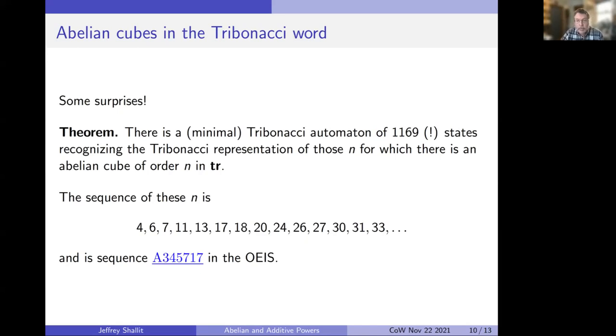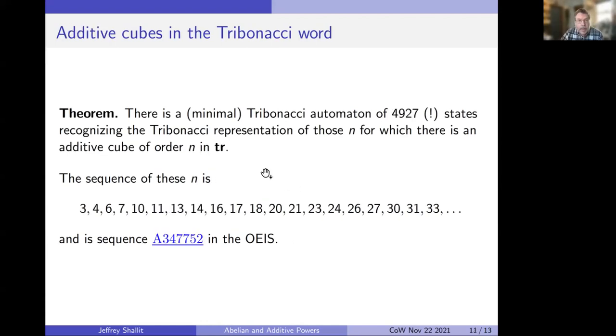Okay, so then I went and looked at additive powers. The theorem is that there's a minimal, again, Tribonacci automaton of 4,927 states, recognizing the Tribonacci representation of those n for which there's an additive cube of order n. And the sequence of these n is this one that I've given here.